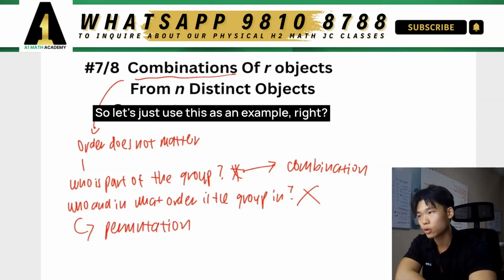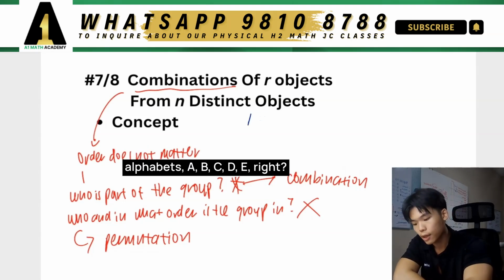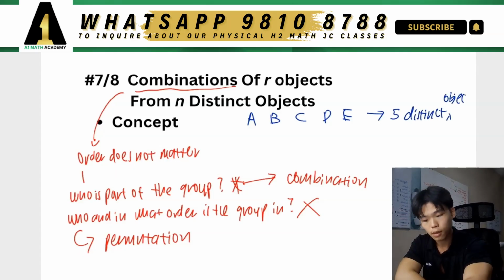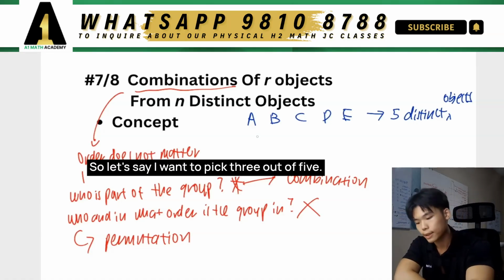So let's just use this as an example. Assuming again I have 5 different alphabets, A, B, C, D, E. So over here I have 5 distinct objects, but then I want to pick R objects. So let's say I want to pick 3 out of 5.